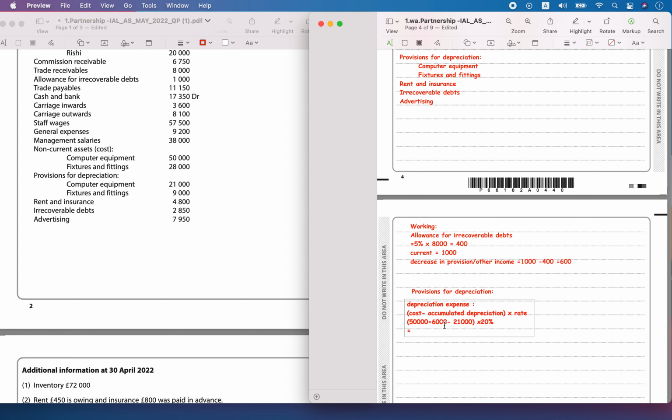So you add up 50,000 plus 6,000 minus 21,000 times 20%. The value will be 7,000. This is how you calculate the depreciation cost for the computer equipment.